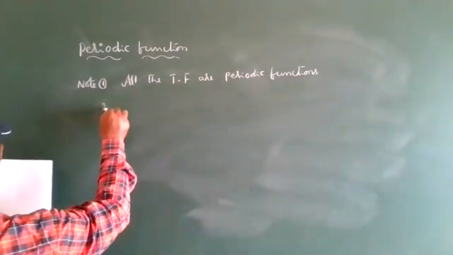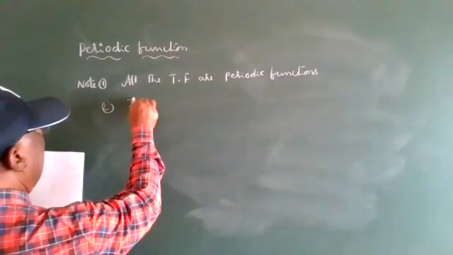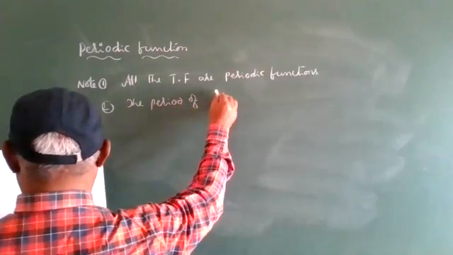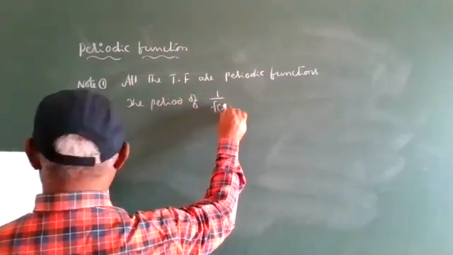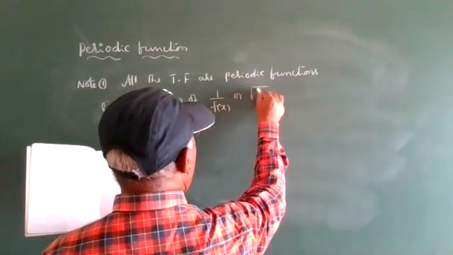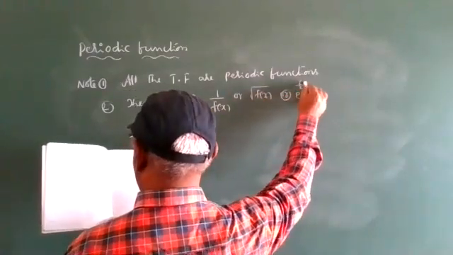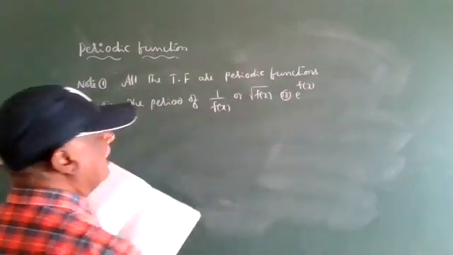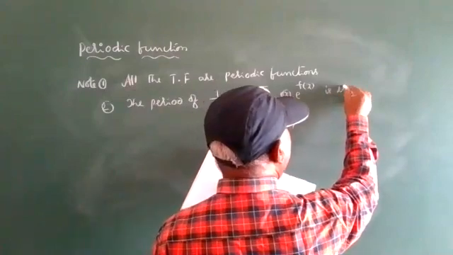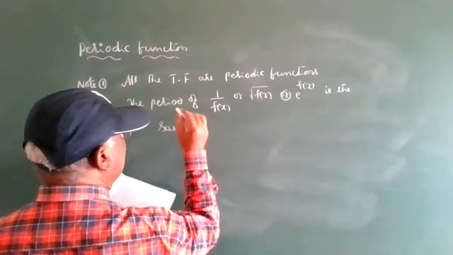Second point: the period of 1 by f of x, root of f of x, or e power of f of x is the same as the period of f of x.